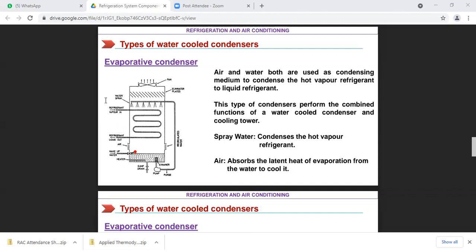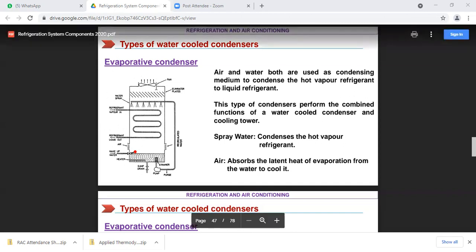The heat transfer from the refrigerant through the condensing tube walls and into the water is by wetting the outside surface of the tubes, and that's why we are providing the fan.